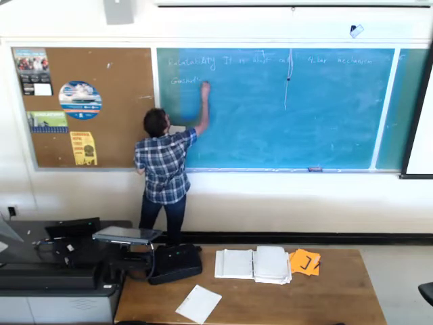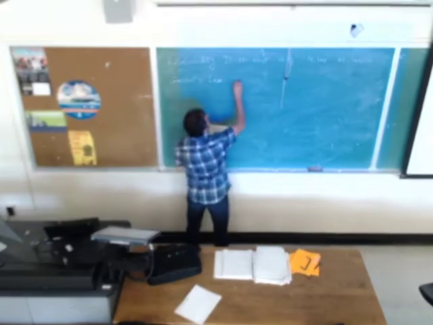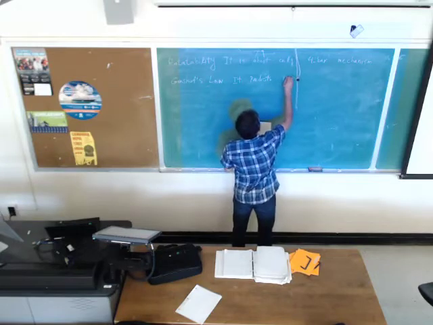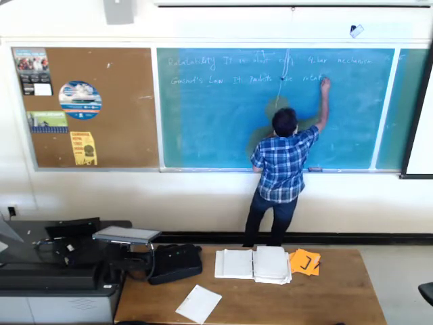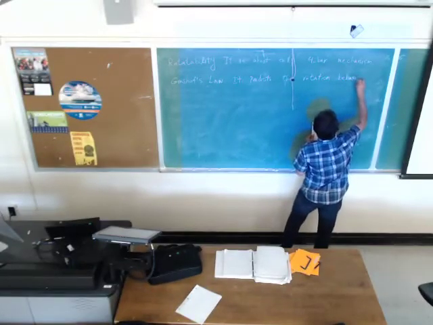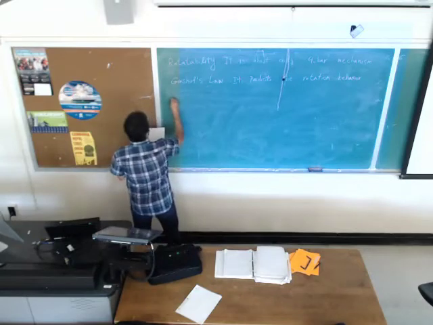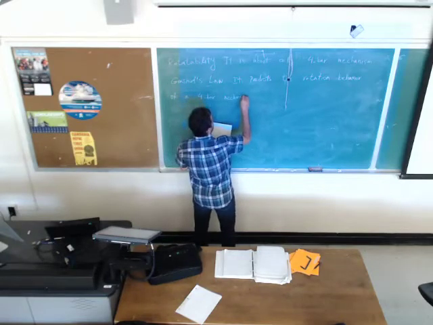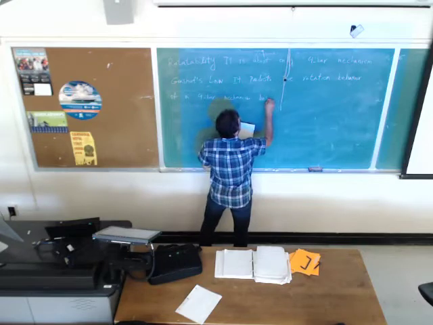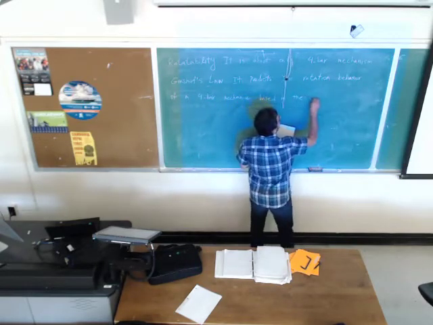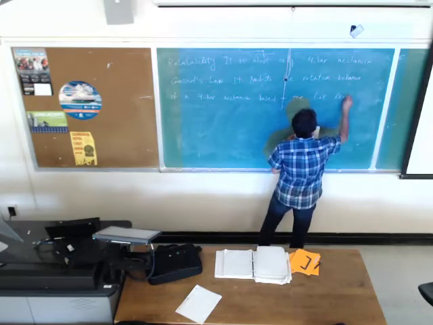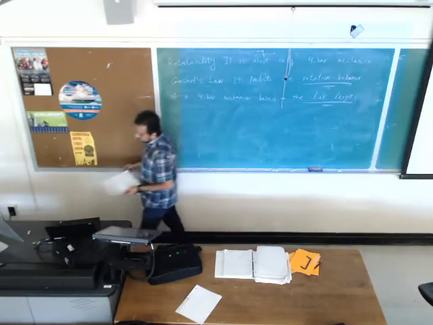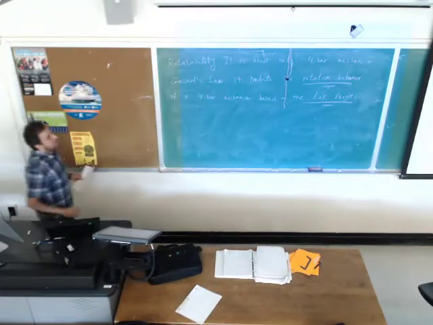Grashof's law. We start with the Grashof law. The Grashof law predicts the rotation behavior of a 4-bar mechanism based on the link length.